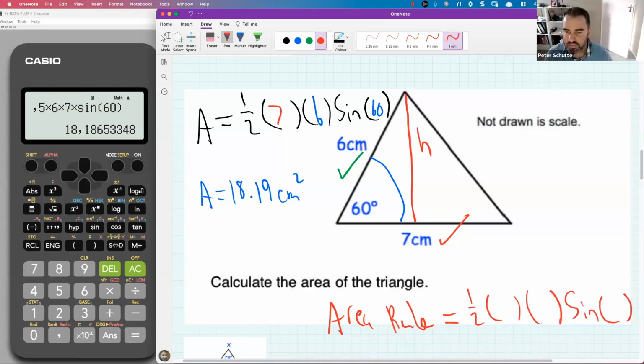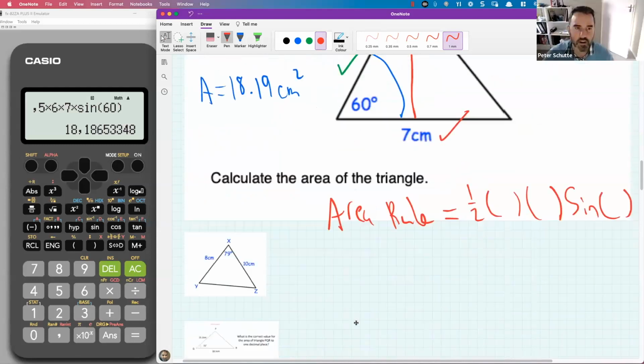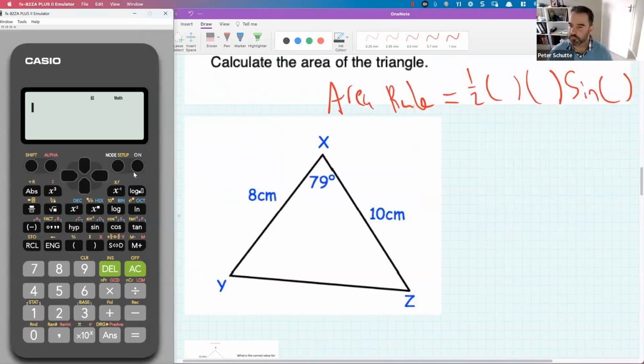Okay, let's do one more before the break. Find me the area of this triangle. So ask yourself, do we have two sides?